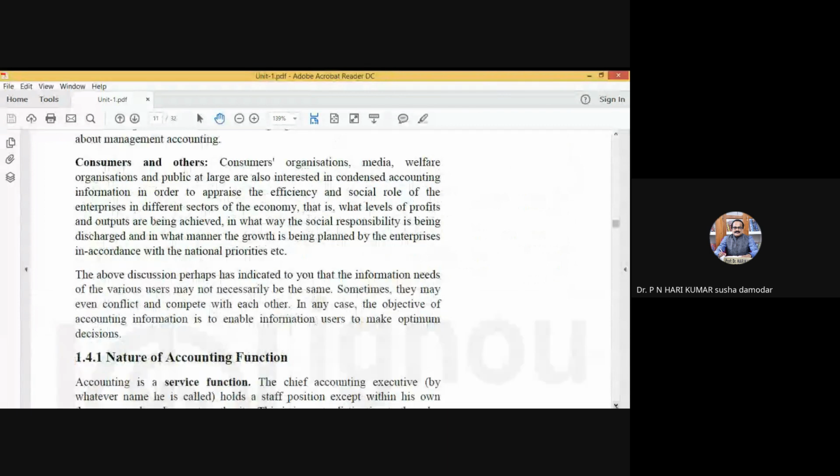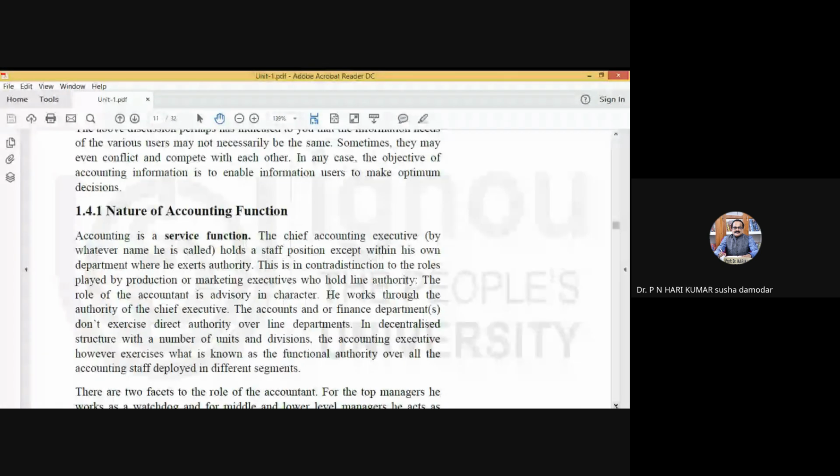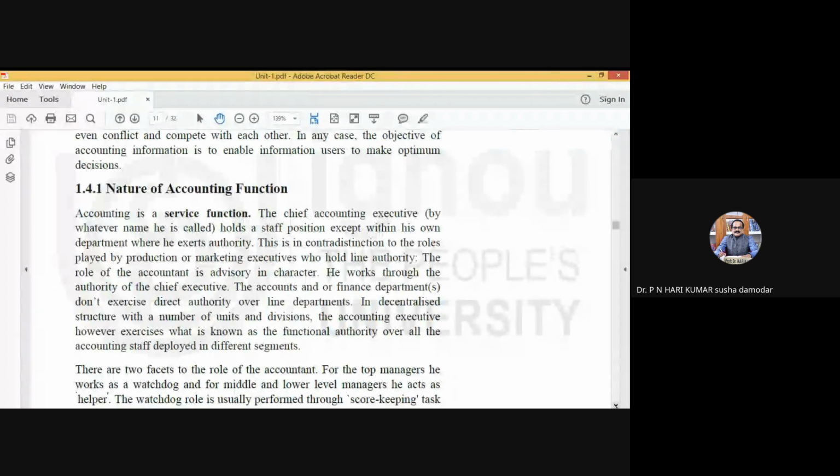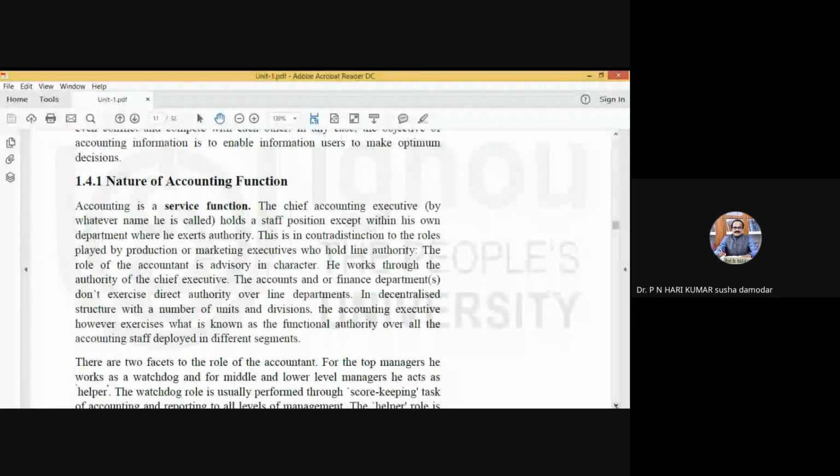These are the stakeholders of every business organization functioning nationally or internationally. And accounting is a language properly used by the business organization to communicate its results. And the nature of the accounting function is a service function, performed by the organization to communicate its results.